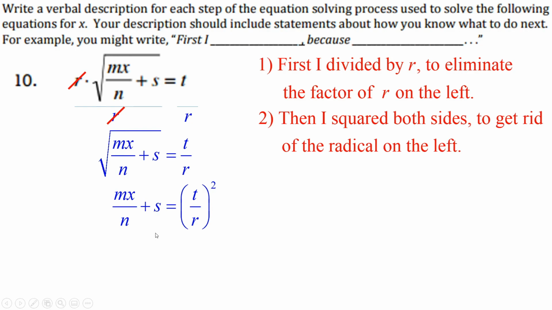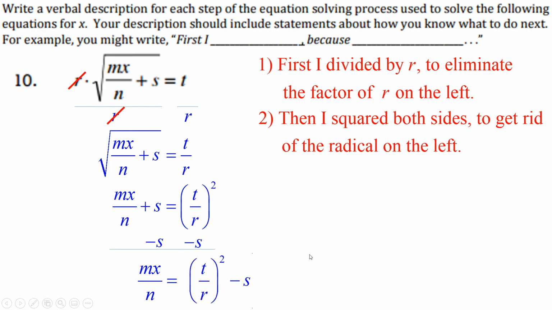Now we better subtract s to get rid of that plus s. So on the left, I have mx over n plus s minus s, which is mx over n. And on the right, I have that t over r squared minus the s. I cannot combine those.